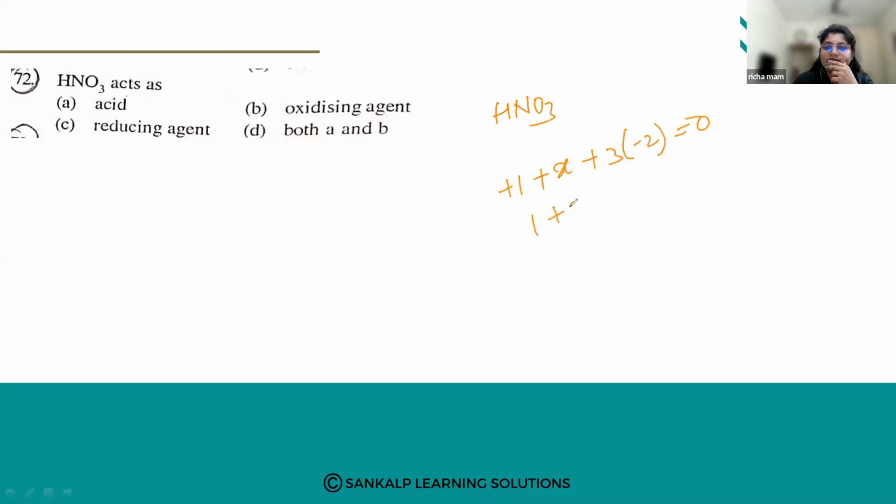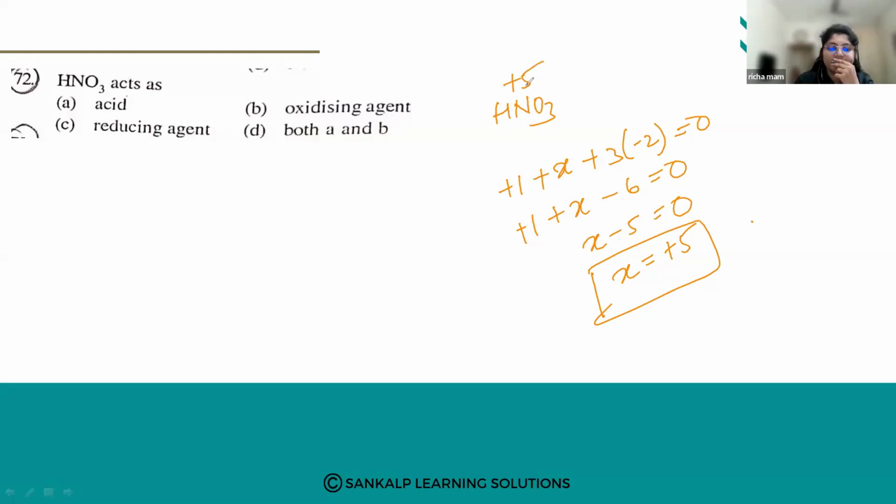So 1 plus X minus 6 equals 0, which gives X equals +5. So in HNO3, the oxidation state of nitrogen is +5, right? It is the maximum oxidation state exhibited by nitrogen.